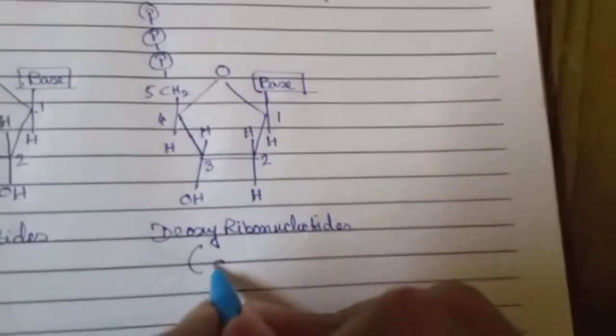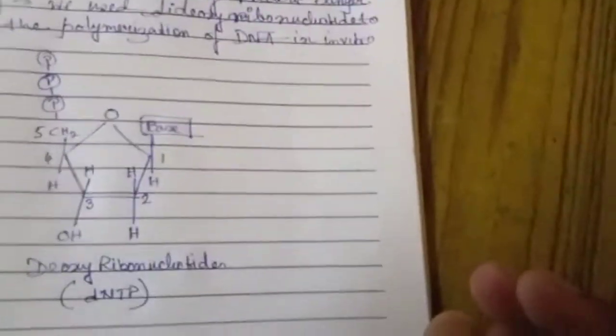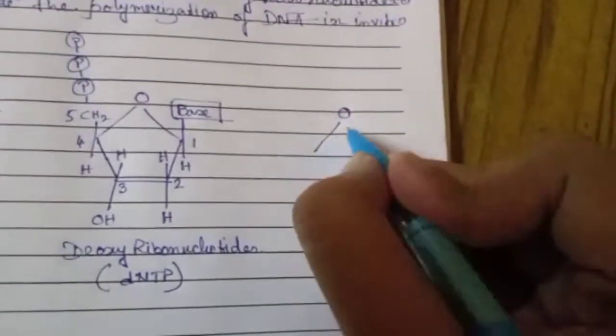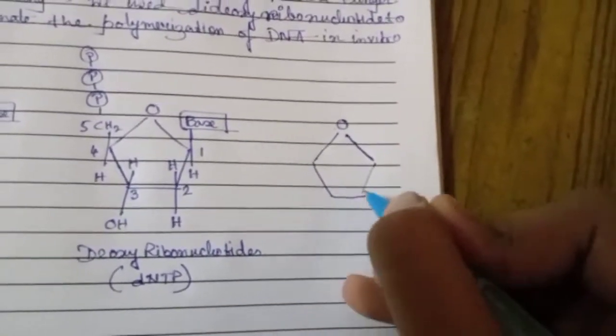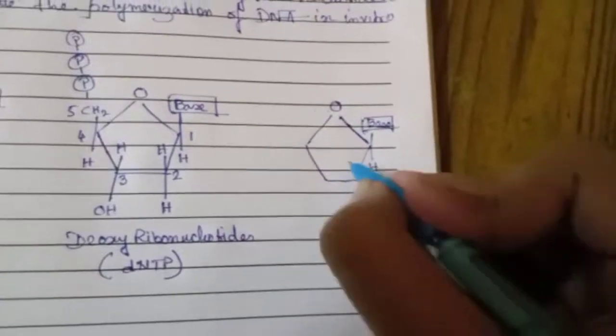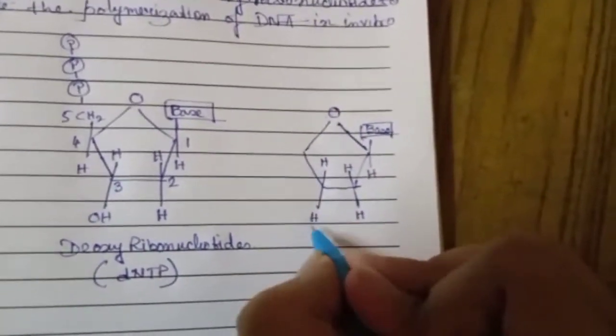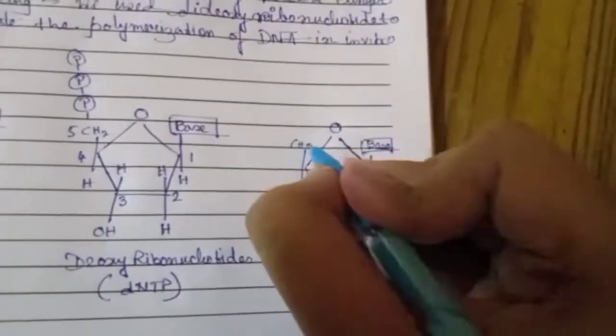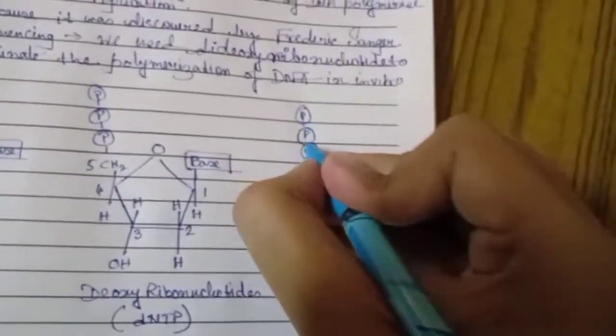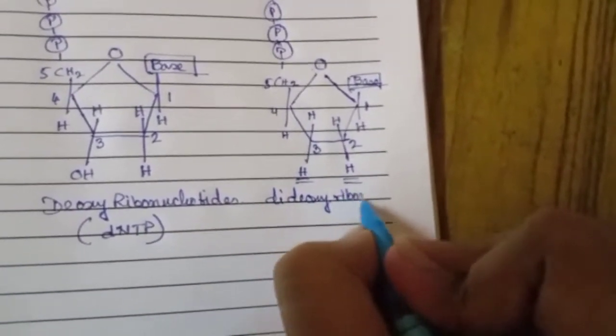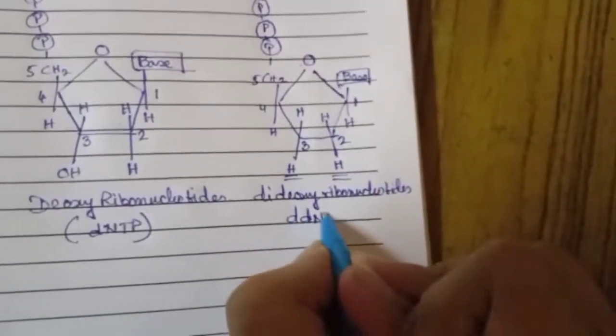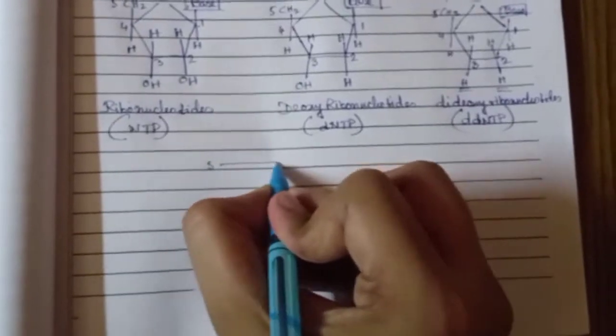Here in the 2 number position the OH group is absent. And now I am drawing dideoxyribonucleotide. This is 1, 2, 3, 4, 5 and in 2 and 3 the OH groups are absent. They are replaced by hydrogen atoms.